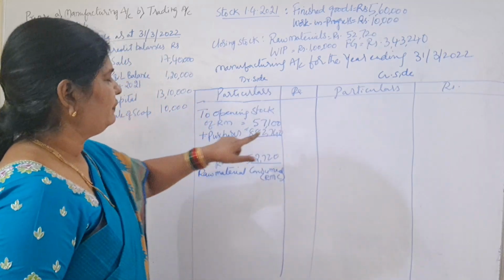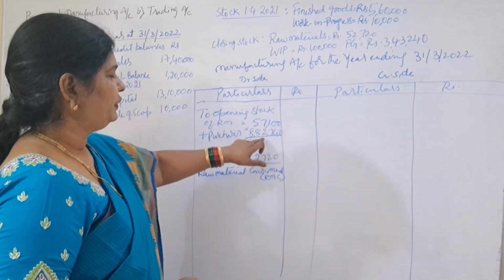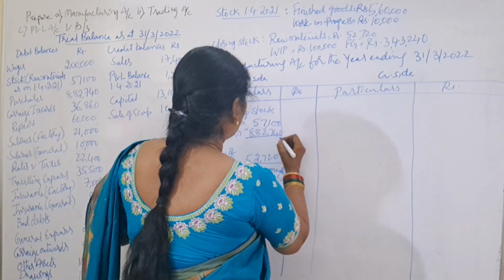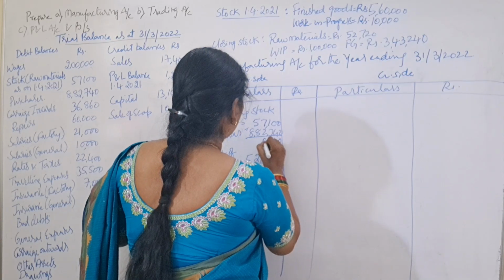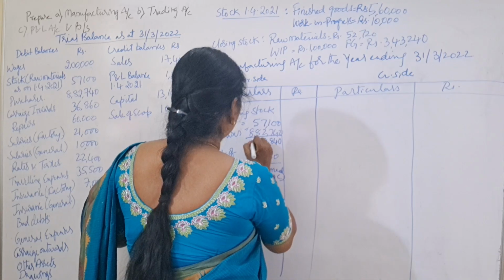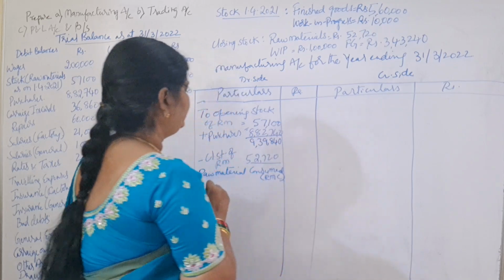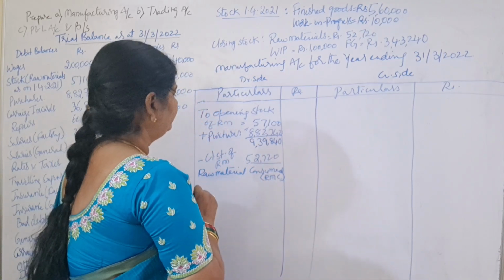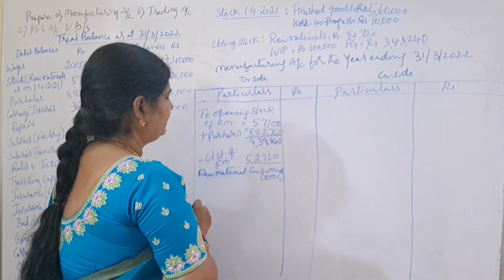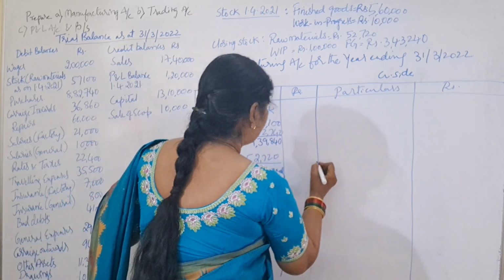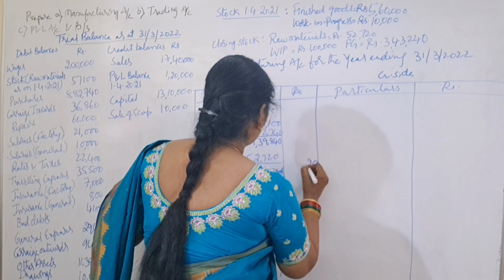So 57,100 plus 8,82,740. So if we add, we will get 9,39,840. From that you deduct 52,720. So how much you will get?